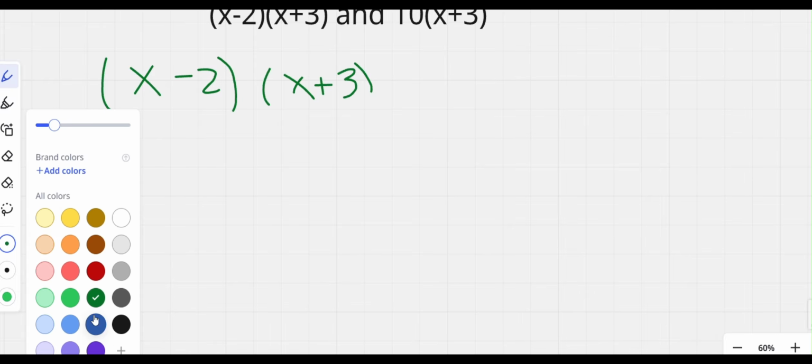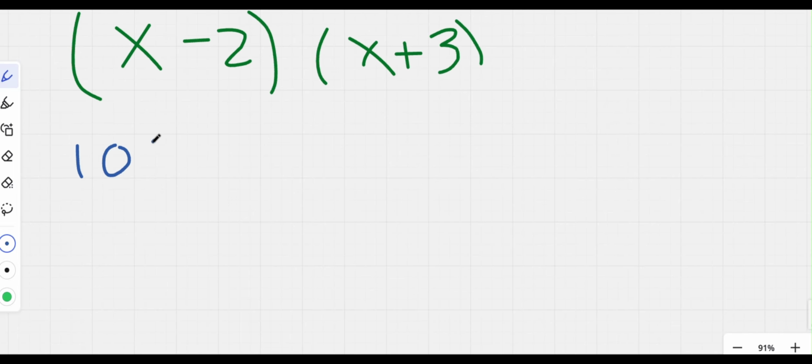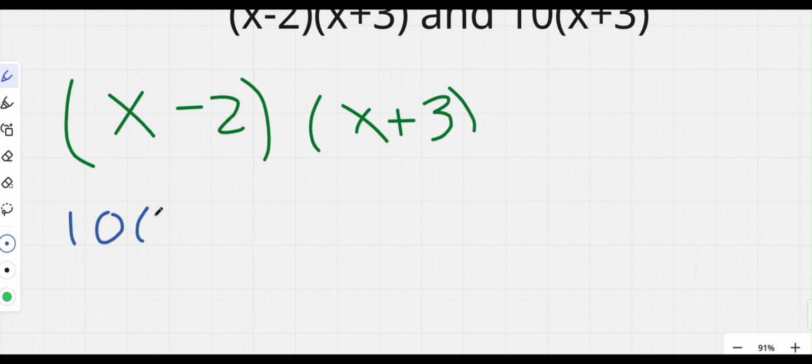However, for this next expression, we have 10 times x plus 3 to the second power.